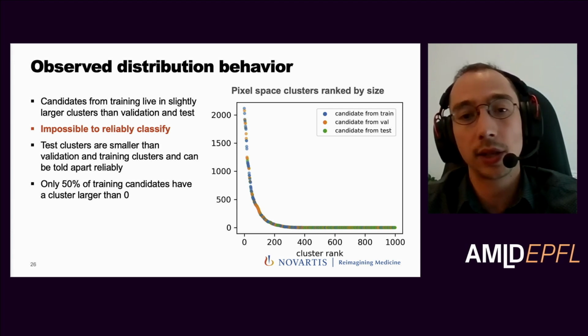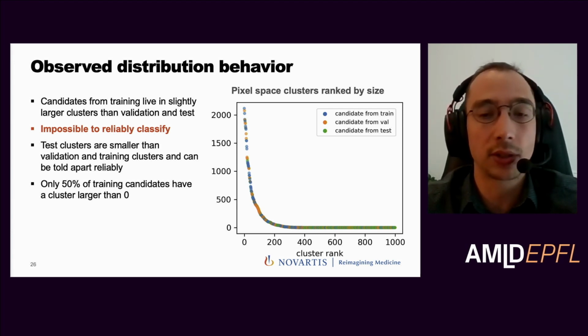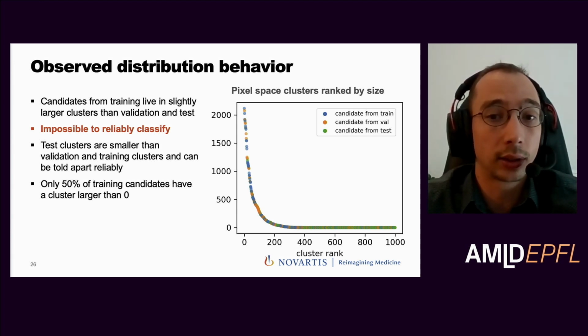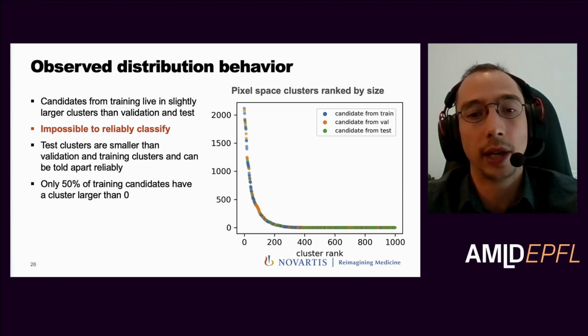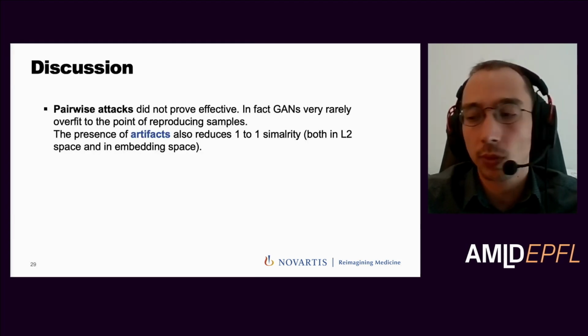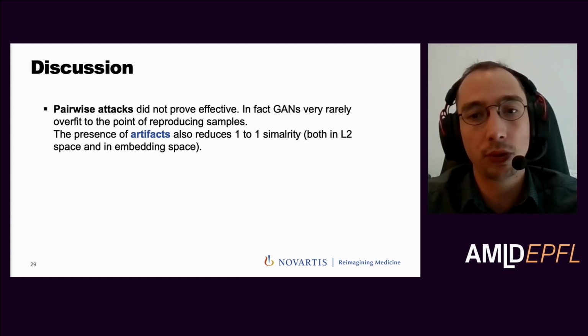And there is another issue, which is that because the definition of clusters is based on neighborhood, if your neighborhood is not large enough, then your training candidates don't even have a single neighbor, so the cluster is very, very tiny. So in conclusion, pairwise attacks didn't prove effective.